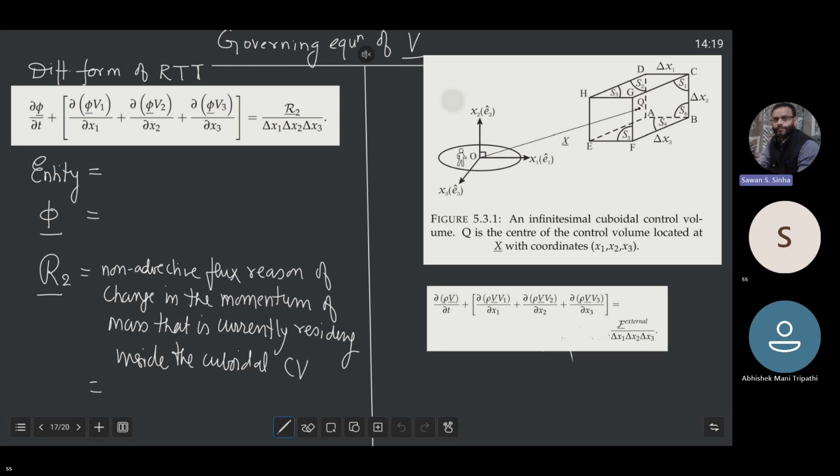I am asking you to do this because it helps you understand whatever I have said so far. It's only for understanding. In reality, V is not equal to 0, so both the advective flux and R2 regions are working simultaneously. But to help you understand that, I gave you a mental exercise. Take that off, which is like closing the taps.